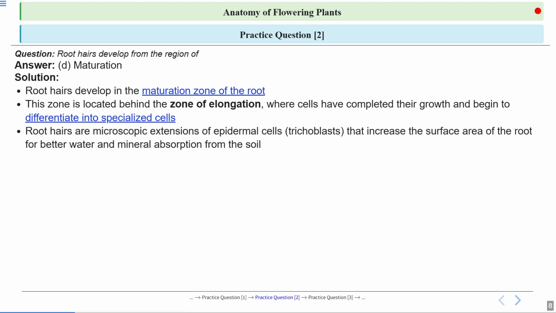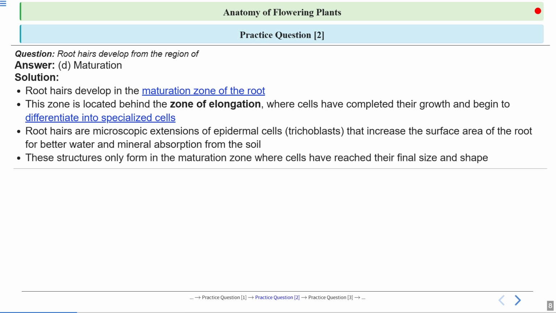Once the cells get elongated, they get modified, and then they develop the root hairs. So root hairs are the microscopic extensions of the epidermal cells, also called trichoblasts, that increase the surface area of the root for better water and mineral absorption from the soil.